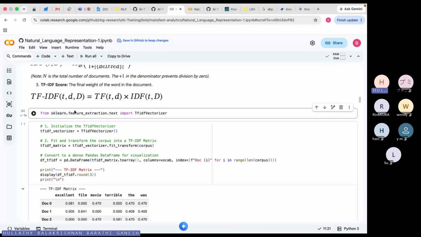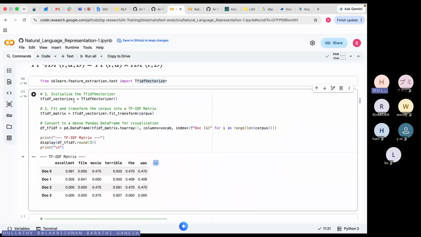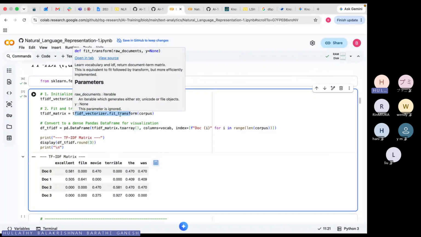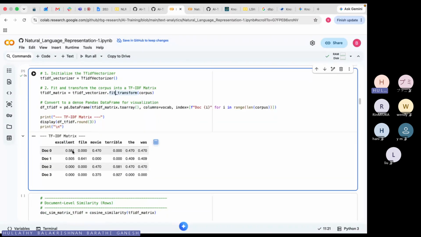To do that, again for the TF-IDF vectorizer, we import it, then the same principle, we do the fit transform. Fit will build the vocabulary, transform will represent the matrix. Then we visualize how the matrix looks. Now if you see this, the words the and was are getting a lower weightage.